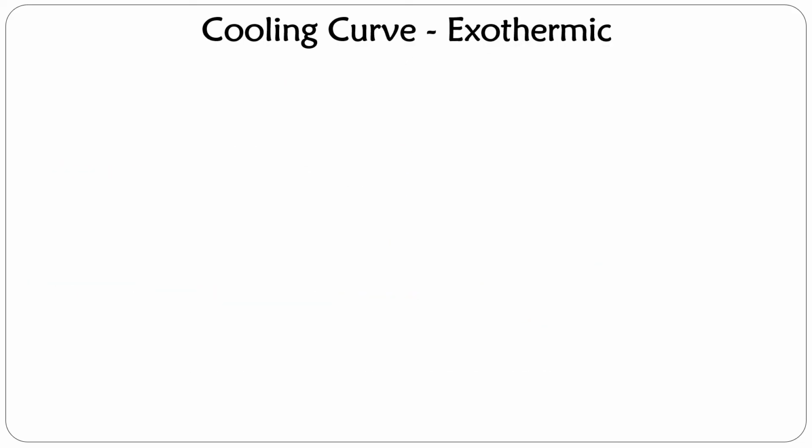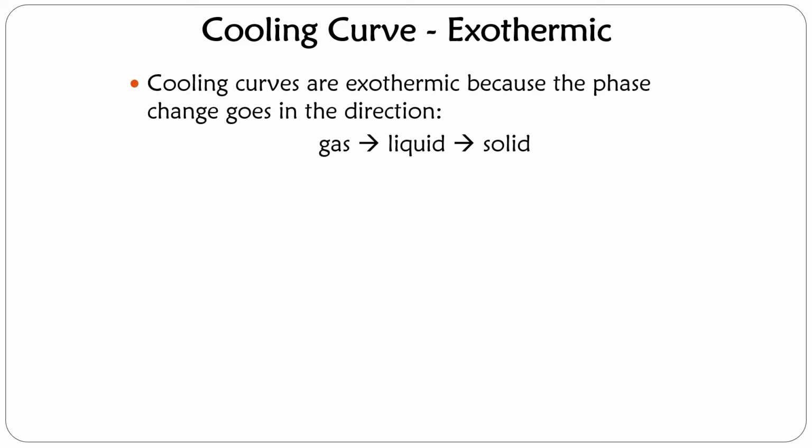So some of the things to keep in mind regarding the cooling curves is that, first of all, definitely they represent an exothermic reaction because heat is being released from the system. We are constantly decreasing the temperature in the cooling curve as we go from gas to liquid to solid.